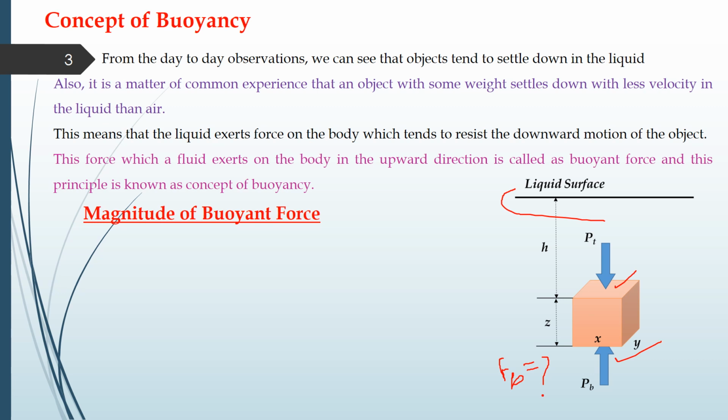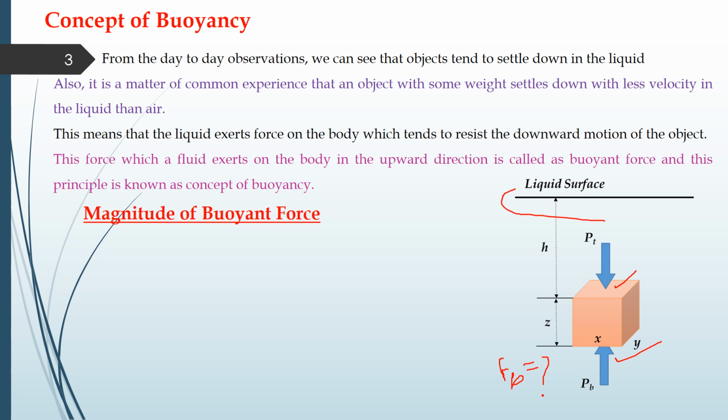Let the top surface of the box be at a depth h below the top level of the liquid surface, and x, y, z are the dimensions of this object, so z can be treated as the height of the box.